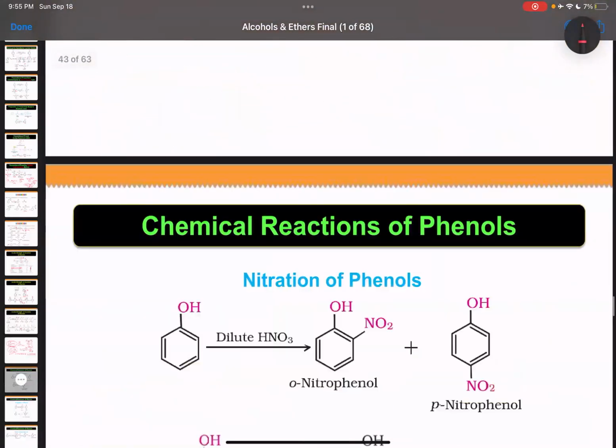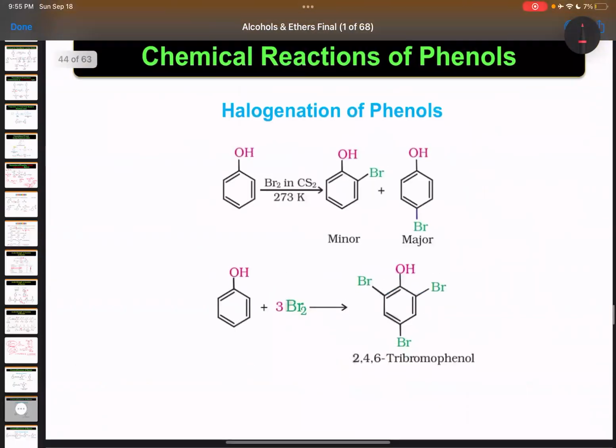Is it clear? Yes, sir. But can you tell me the reason why, if you take Br2 in carbon disulfide, you get only one Br connected either at ortho or para, and if you take Br2 in CCl4, Br2 in water, bromine water, 3 Br get connected.